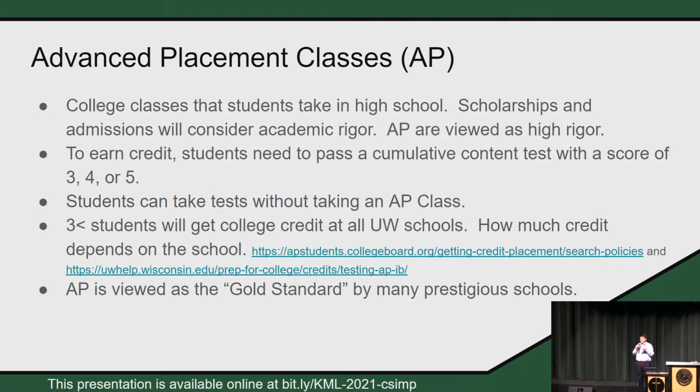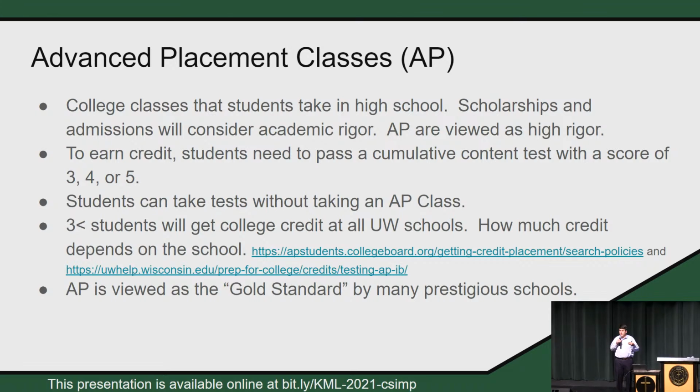Also, we have a couple scholarships offered to our KML students that are looking for academic high flyers, and some of the criteria for that is how many AP classes kids have taken.